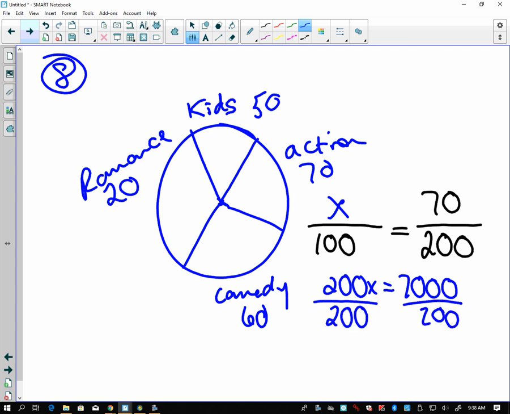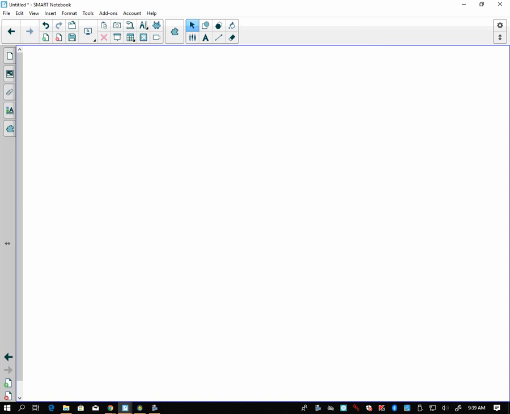All right, so what's 7,000 divided by 200? 35. So was it 0.35 or just 35? What is this representing though? Percent. Okay, so we want a percent symbol there. Okay, 35% of the movies rented were action movies. Okay, does that help you out? Okay.